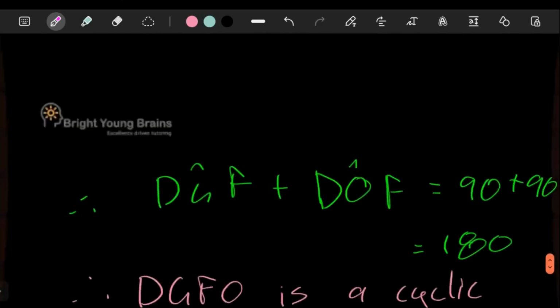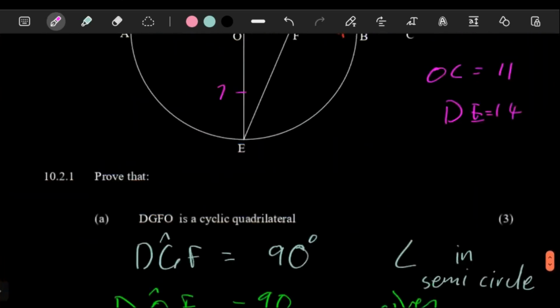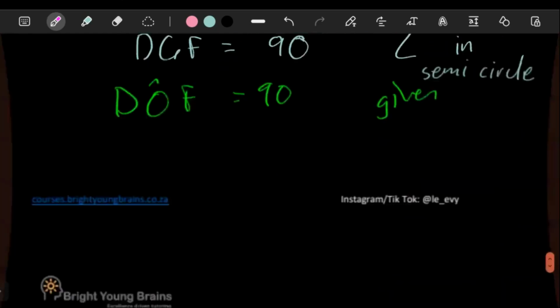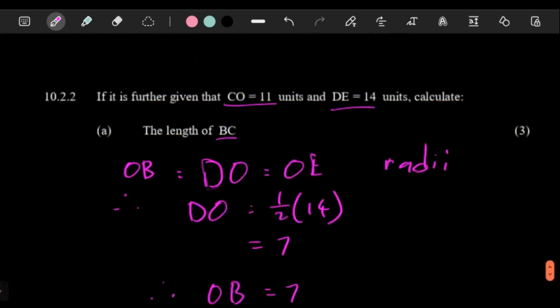The reason we're stating that OB is equal to 7 is because OB is part of the line that we are dealing with. The whole thing here is 11, so 11 minus the 7 will give us the BC, because it's all on the same line anyway.